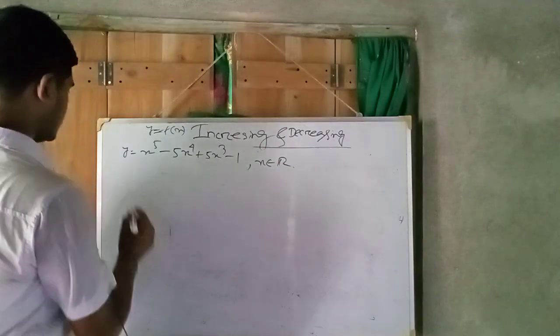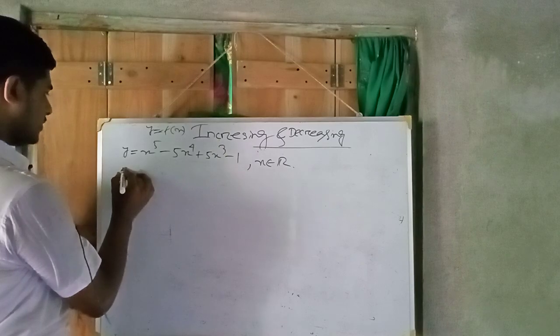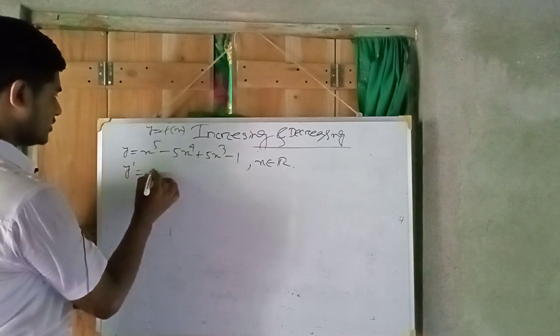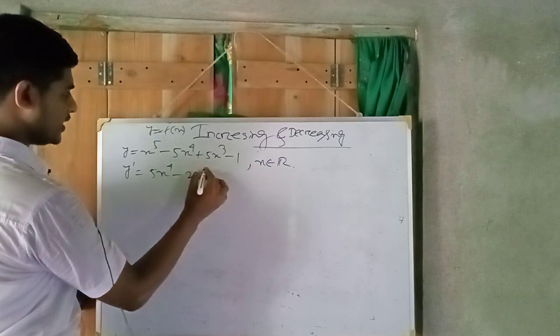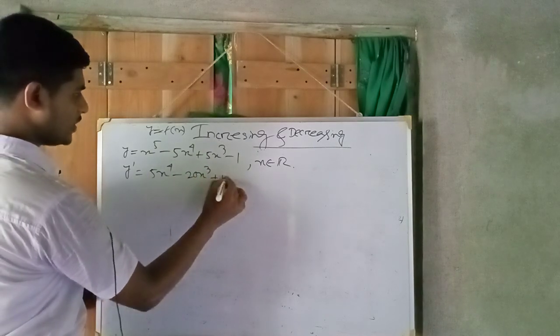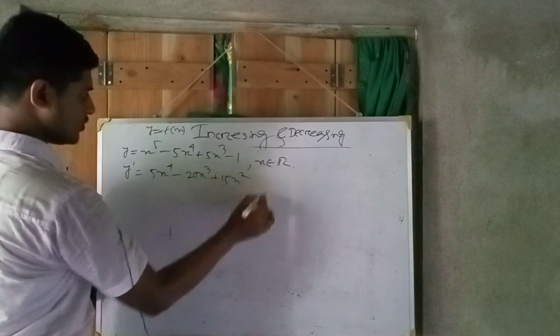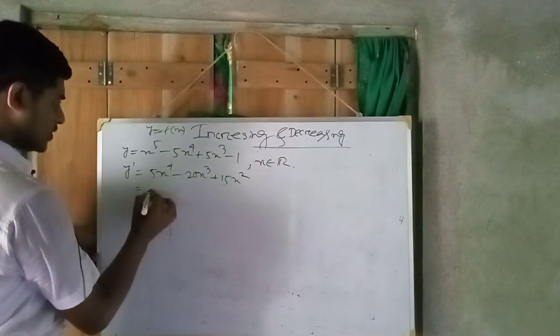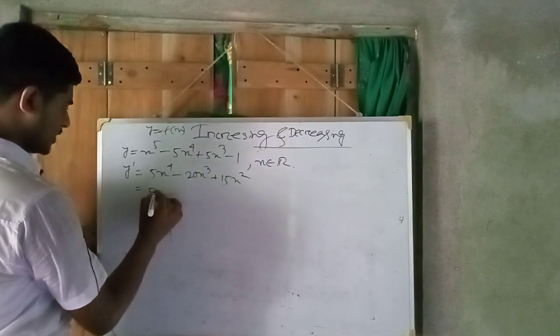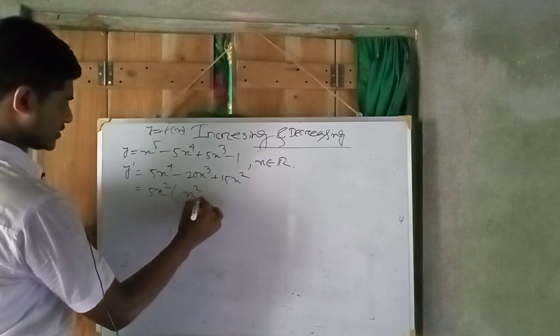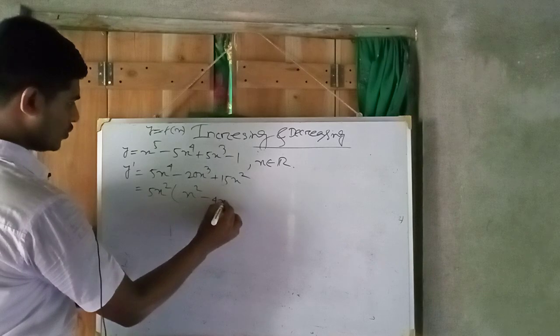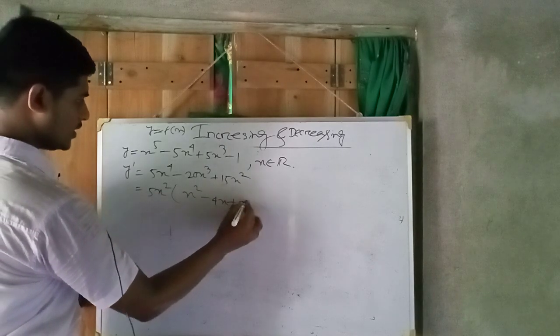Okay, so for the first derivative, y dash equals 5x to the power 4 minus 20x cube plus 15x square. Okay, so for simplicity we have to take 5x square common, so x square minus 4x plus 3.